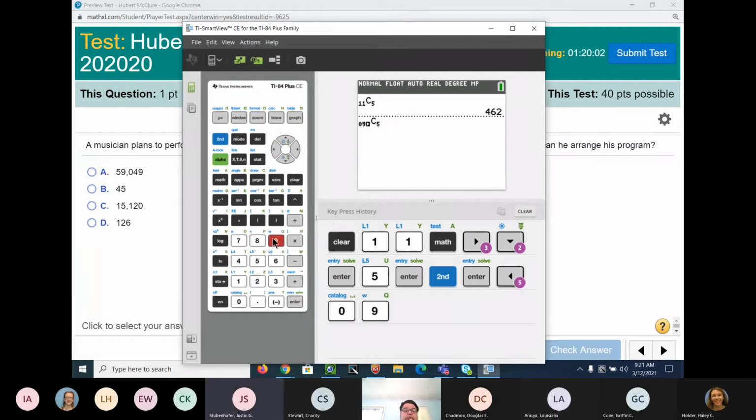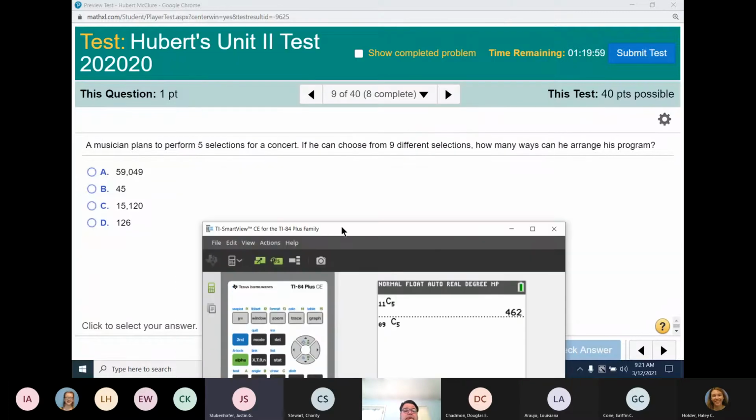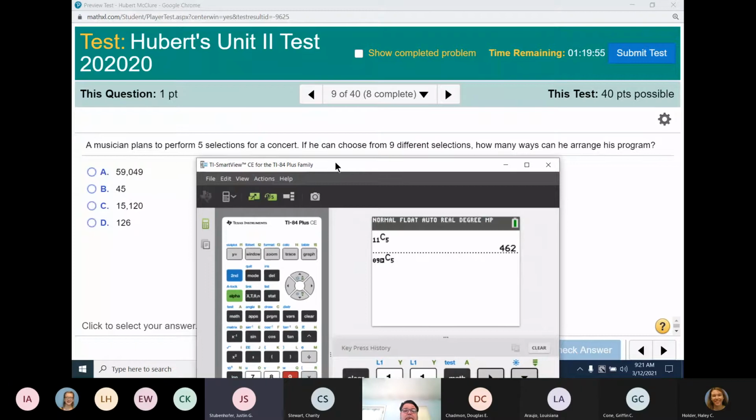Isn't it a permutation though? Because he can arrange his music. The order doesn't matter, or it does matter. Well, it doesn't. Where does it say that he needs order? I just thought that since it didn't say, it doesn't matter.